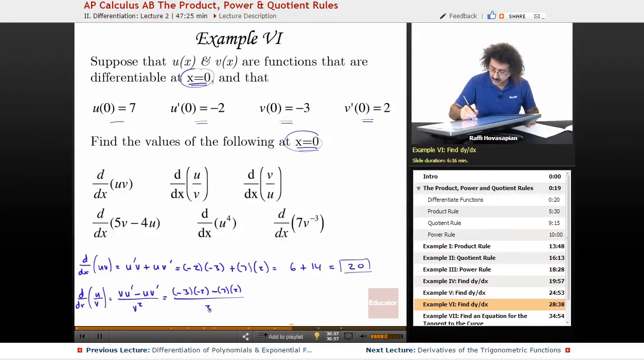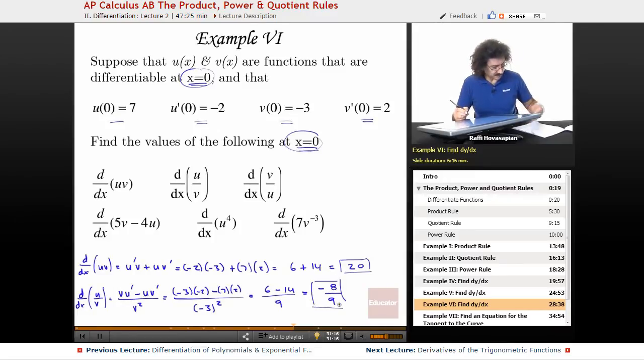V is minus 3 squared. So you get 6 minus 14 all over 9. 6 minus 14, I think, is negative 8. So you get negative 8 over 9. Good.